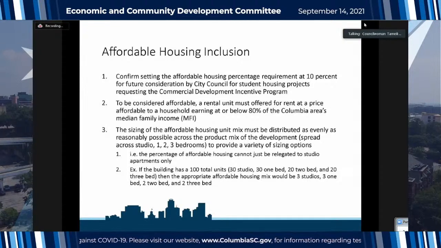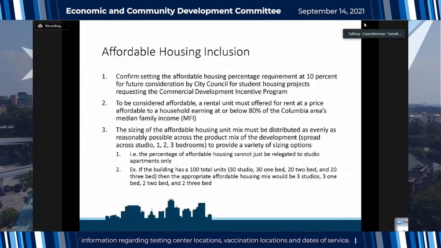But overall, I think when we started this conversation, it was about whether or not we've incentivized student housing enough to the point where there is no longer a need for an incentive specific to student housing.